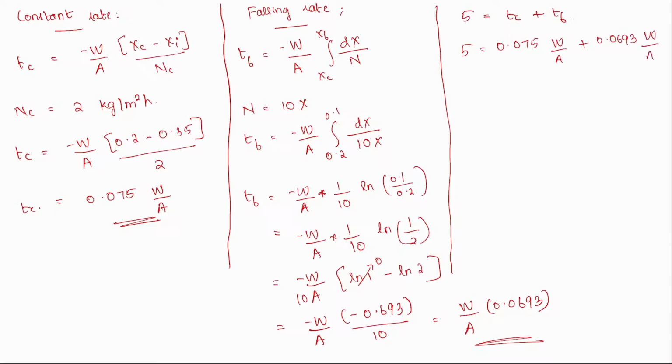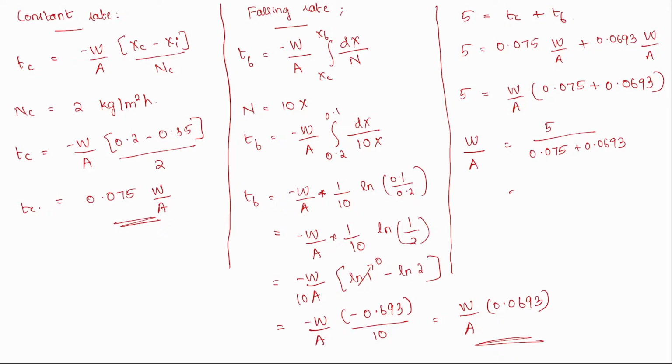We will get 5 is equal to 0.075 W by A plus 0.0693 W by A. So just add these two terms and rearrange to get W by A, which is 5 by (0.075 plus 0.0693).